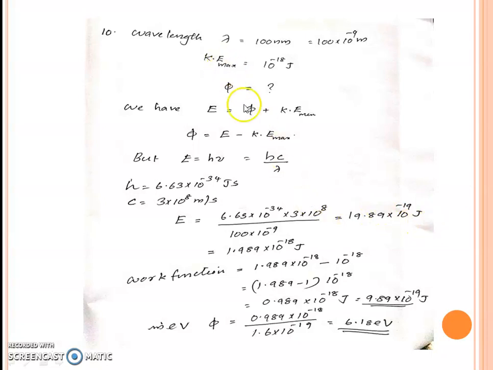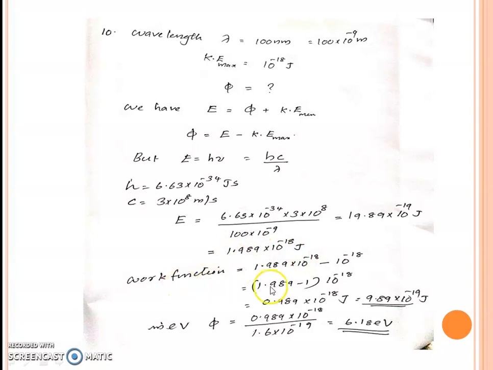Kinetic energy is given as 10 raised to minus 18 joule and E is obtained in 10 raised to minus 19 joule. So, in order to subtract kinetic energy from E, we can change the power to 10 raised to minus 18. 19.89 into 10 raised to minus 19 can be written as 1.989 into 10 raised to minus 18 joule.